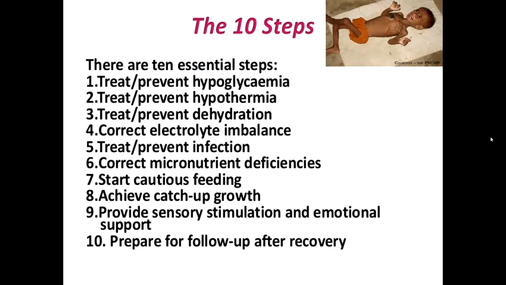Now, the experts have designed 10 important critical steps to manage a severely malnourished child. So these 10 steps are important and they're applicable everywhere. So we'll go one by one.